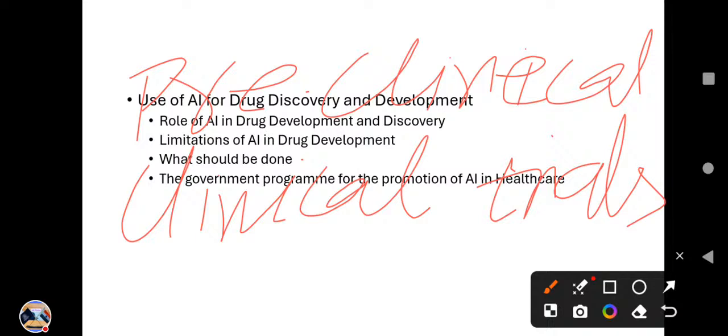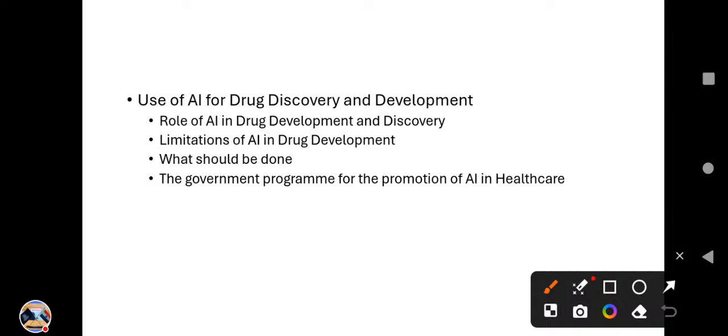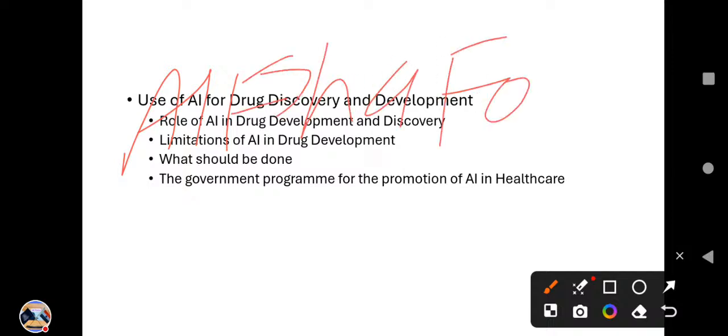And next limitation can be the restricted tool access. Restricted tool access means advanced tools like AlphaFold. We have seen this, okay. AlphaFold, okay.